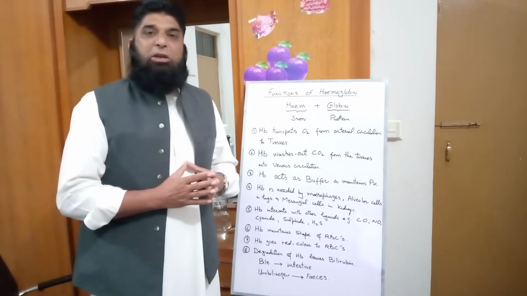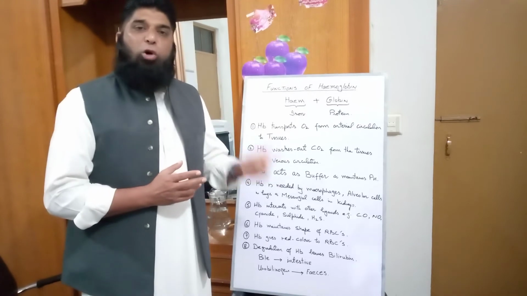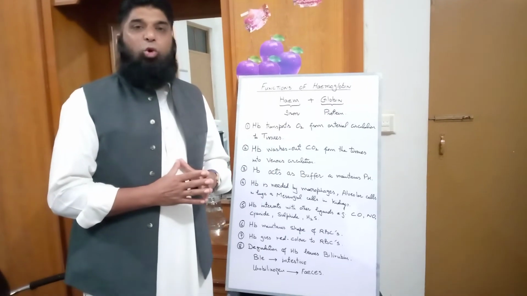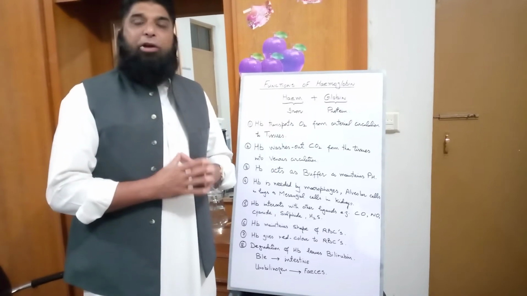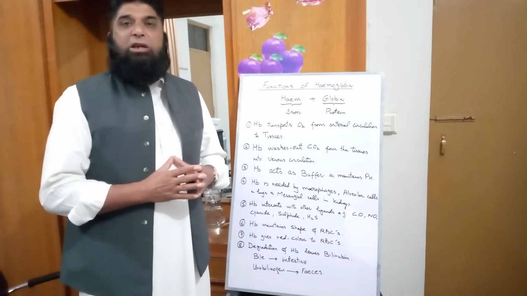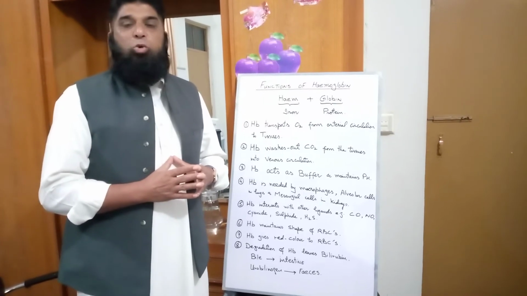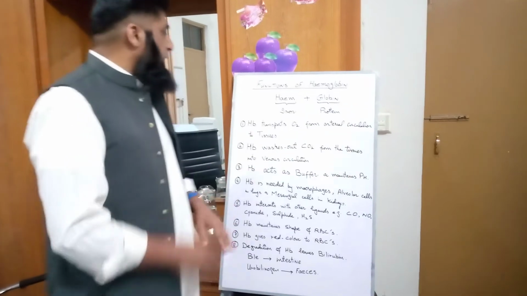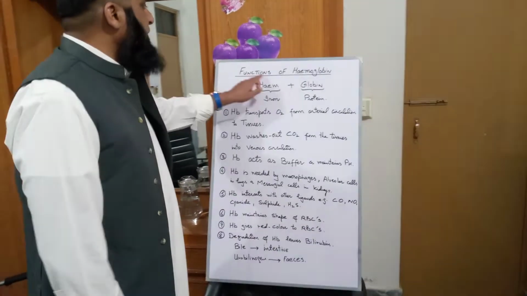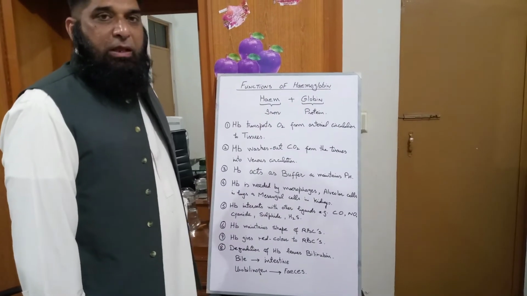In sickle cell anemia, because of the presence of hemoglobin S, red blood cells become sickle shaped or moon, semilunar shaped. Now we discuss functions of hemoglobin.